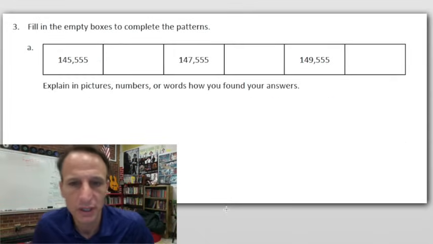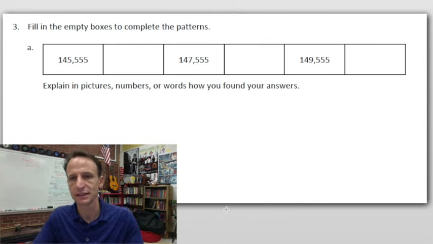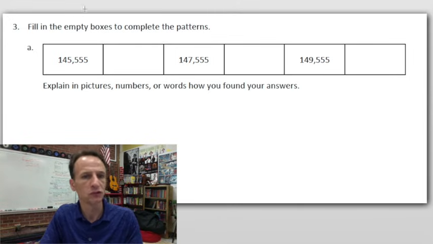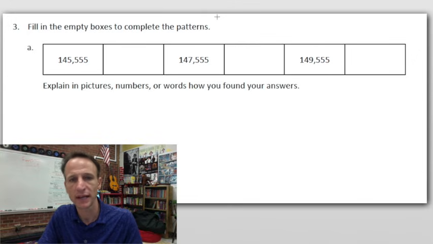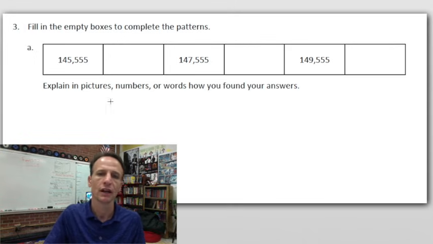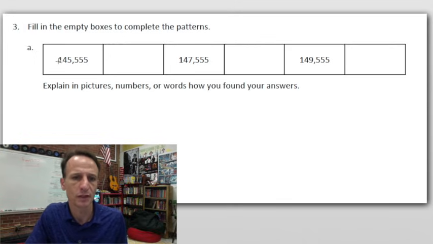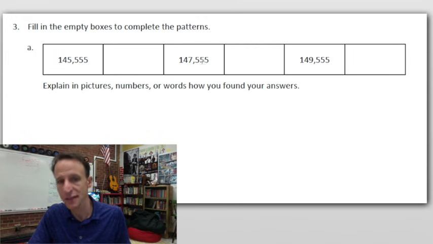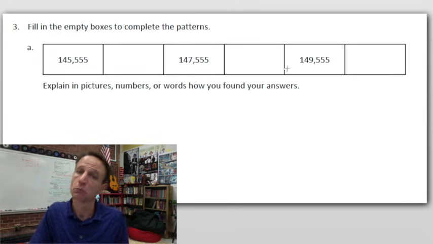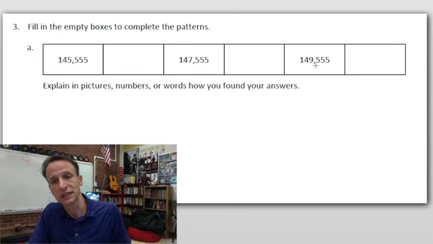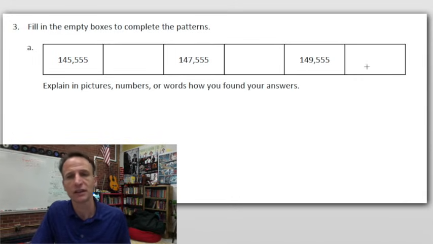And number 3, we have A, B, C, and D here to do. We'll fill in the empty boxes to complete the patterns. And then we can explain how we got this in pictures, numbers, or words, how we found our answers. Let's take a look. So we have the numbers 145,555 blank for us to fill in, 147,555 blank, 149,555, and another blank.